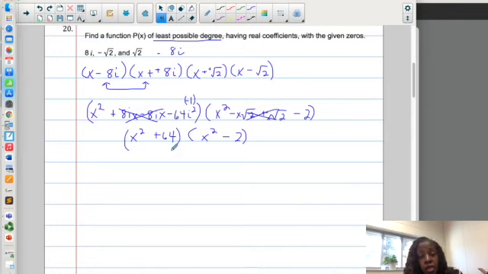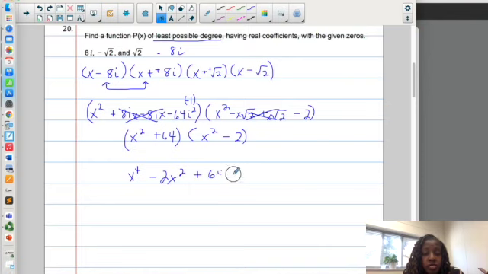That's what we want. All right, so x squared times x squared is x to the 4th. If you need to make a box to multiply this, have no fear. Make your box. Take your time. x squared times x squared is x to the 4th. x squared times negative 2 is negative 2x squared. 64 times x squared is 64x squared.